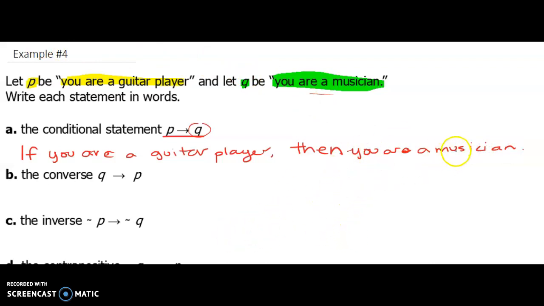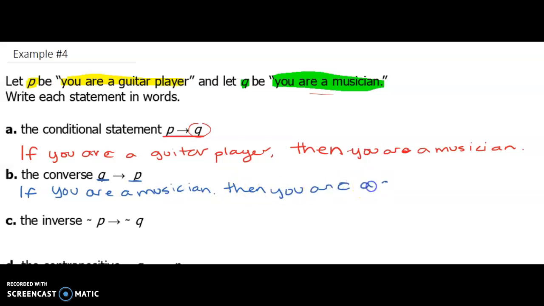All right, now let's do the converse. Per that previous slide, the converse is if Q, then P. Q comes first this time, so if you're a musician, then you are a guitar player.